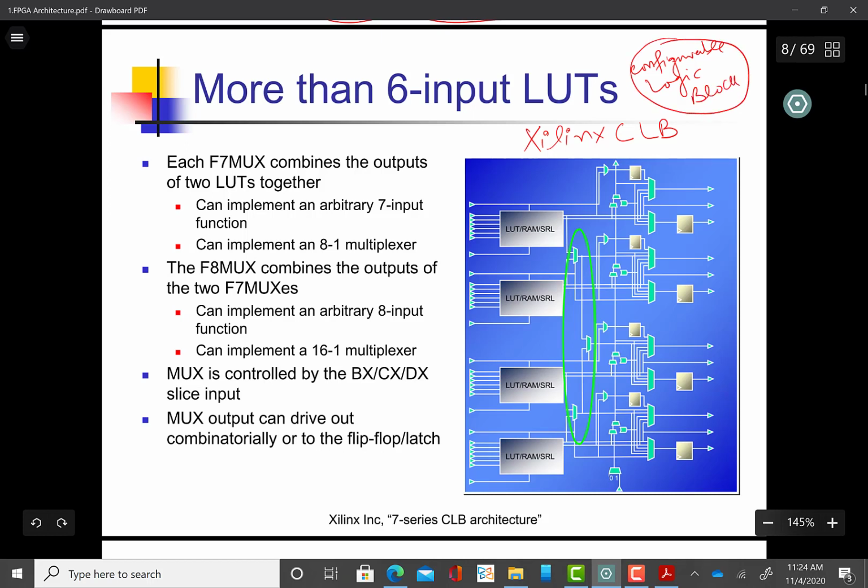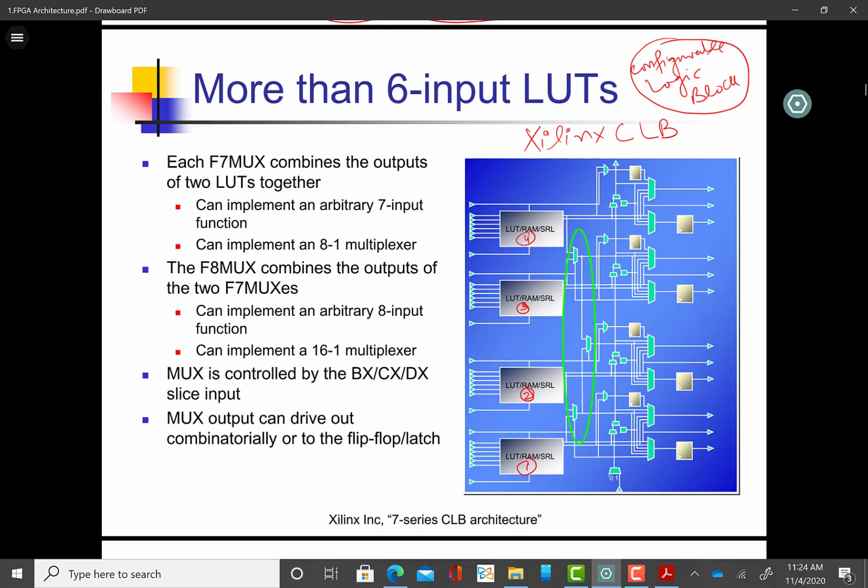So the FPGA has a large number of configurable logic blocks, and each configurable logic block contains lookup tables. So we have 4 lookup tables, 1, 2, 3, and 4, inside a configurable logic block, and then we have some other functionality here, which I will not discuss now but in the coming slides.